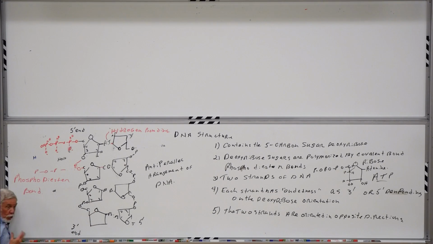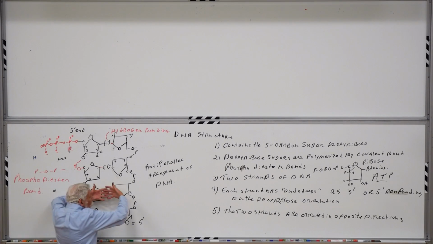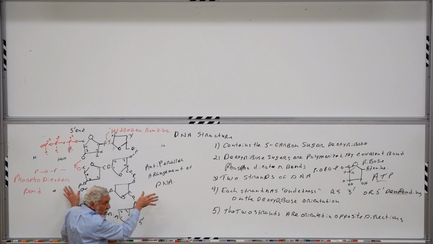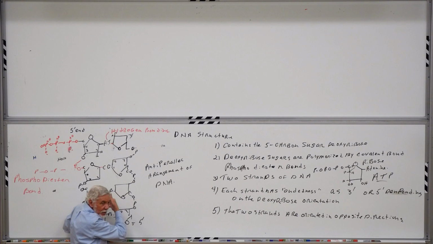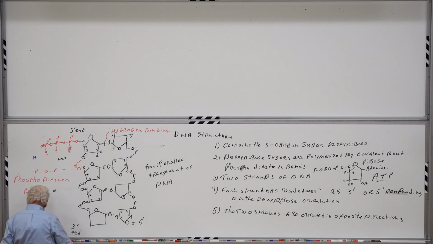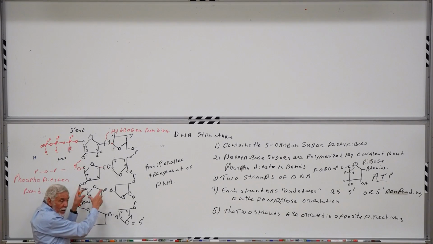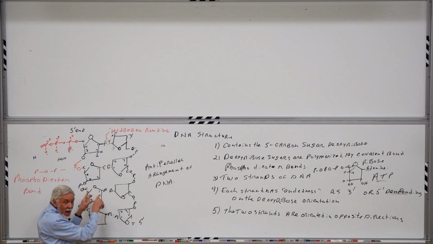But what Rosalind Franklin was unable to sort out was whether the bases were pointing inward or pointing outward. When Watson and Crick looked at the X-ray diffraction data, they said the bases must be pointing inward. To show that, they went to the machine shop at Cambridge and had the machinists form scale models of adenine and thymine.